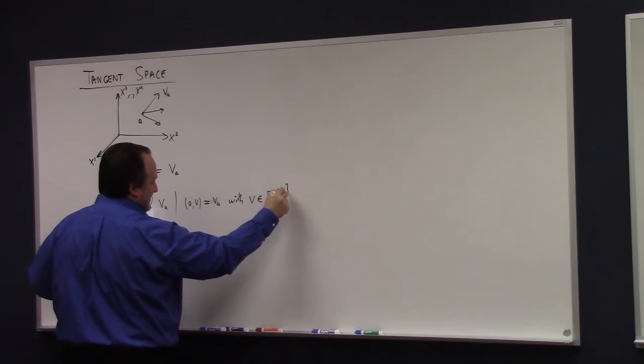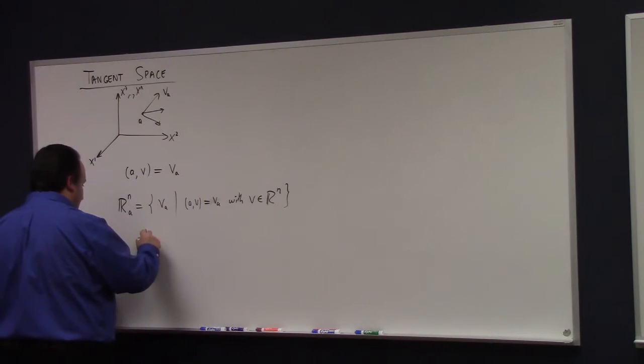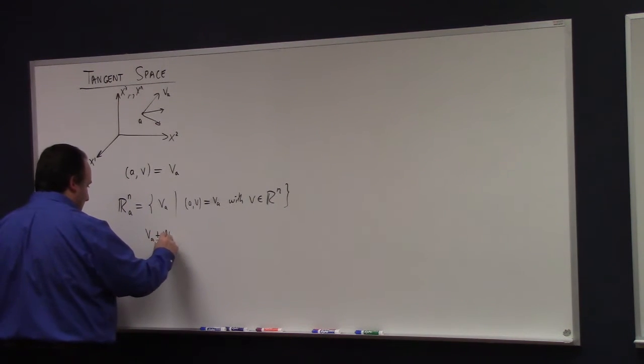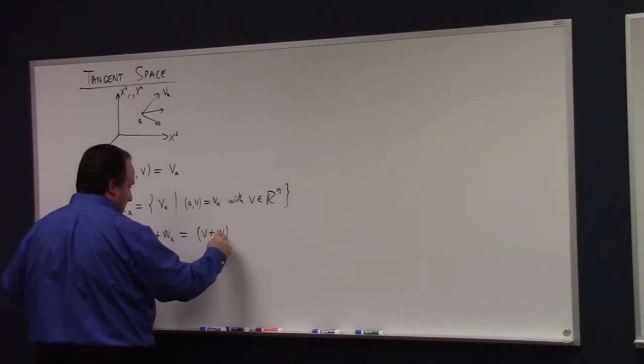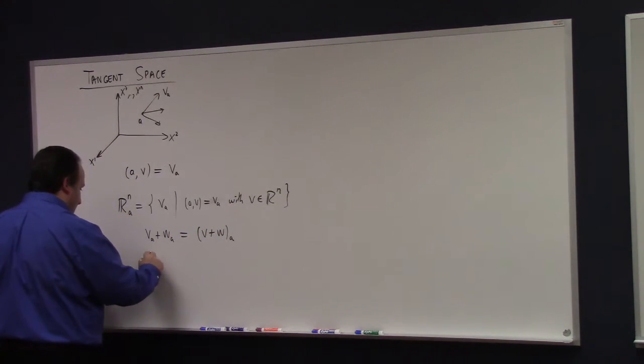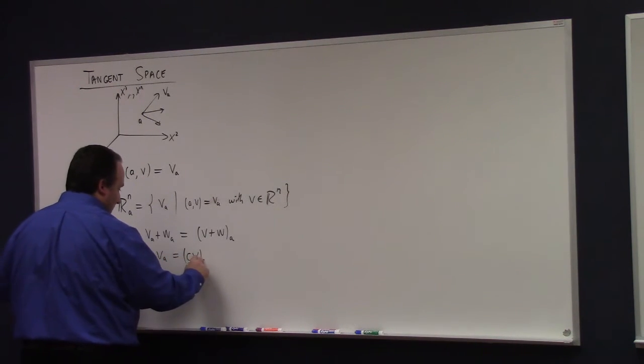That's essentially it. A is fixed through this discussion. It's the point at which all the vectors are living. And in this context, you can add vectors like V_A plus W_A is equal to (V plus W) sub A, and C times V_A is equal to (CV) sub A.